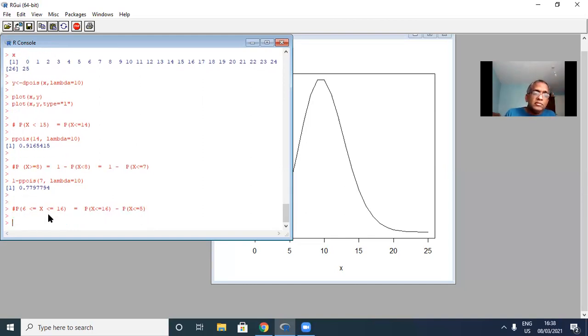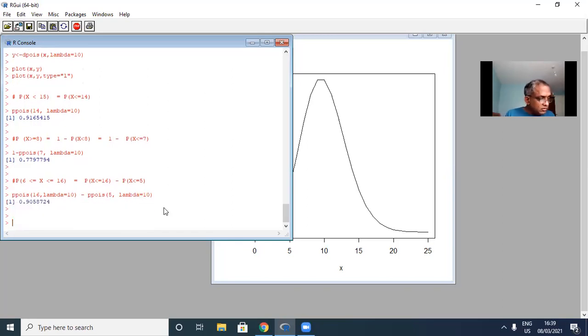The probability that x is between 6 and 16 is the difference of these two probabilities. So this is P Poisson at 16 with lambda equal to 10 minus P Poisson at 5 with lambda equal to 10. Right? So that completes the first part of question 2.